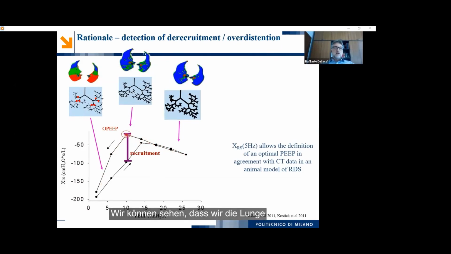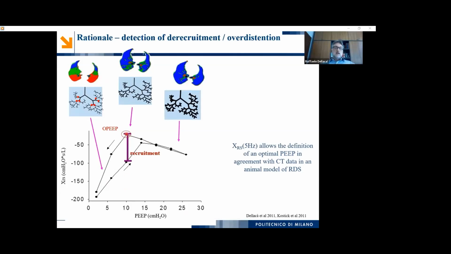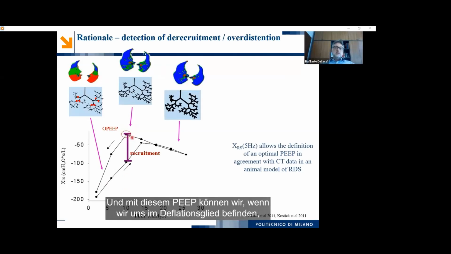We can see that we can keep the lung open, in this case, down to a PEEP of 10 centimeters of water. And with this PEEP, on the deflation limb, we can provide the best recruitment of the lung at the lowest pressure.